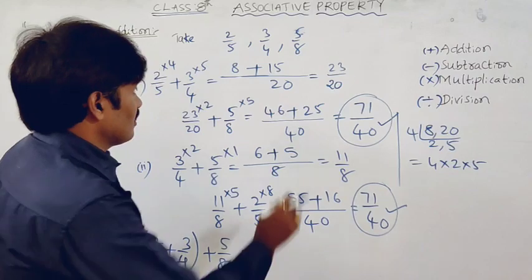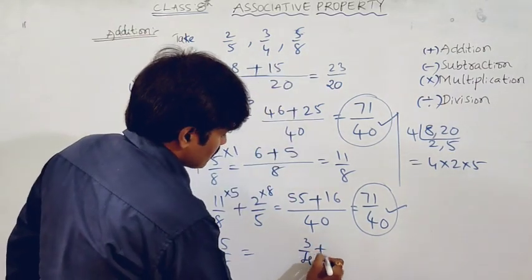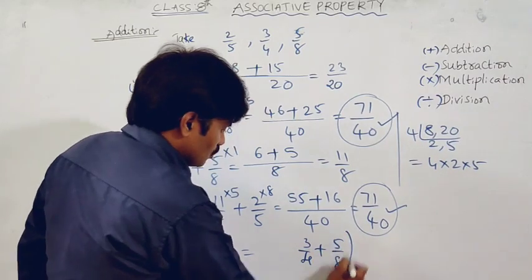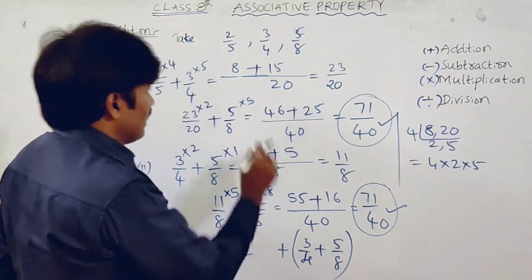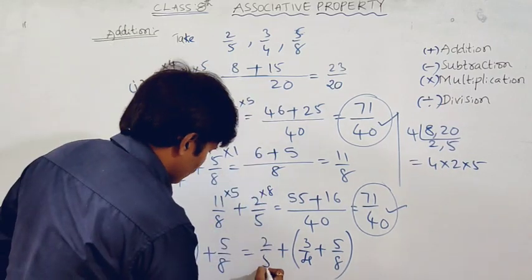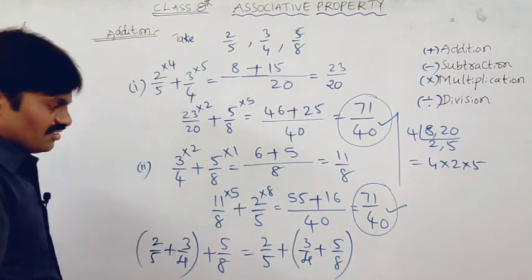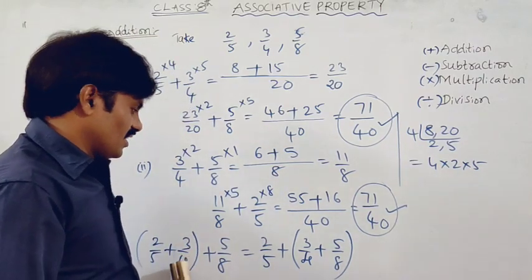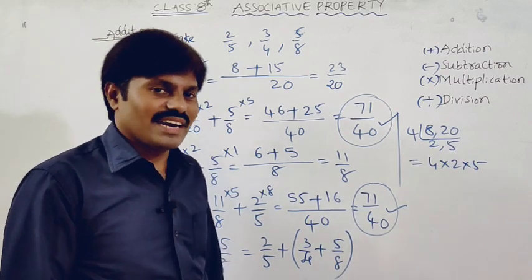Next, I added the second and third numbers, that means 3/4 plus 5/8, and to this sum I added the first number, that is 2/5. So from this we conclude that addition is associative in the set of rational numbers.